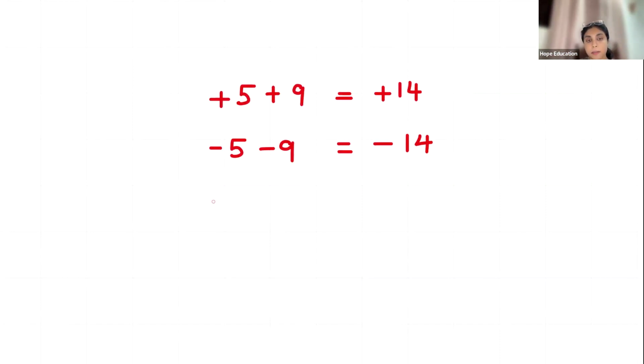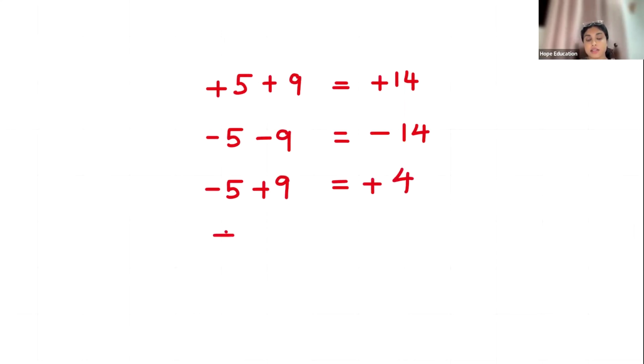What if we get minus 5 plus 9? What is the answer here? With different signs, we subtract the small number from the big number. The big number is 9, the small number is 5. So 9 minus 5 is 4. We put the sign of the big number, so that is plus.